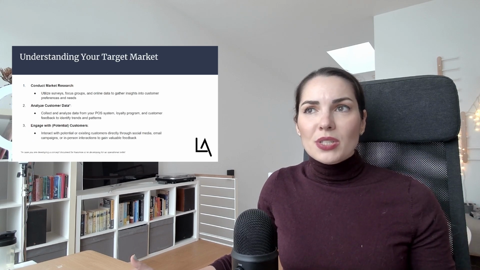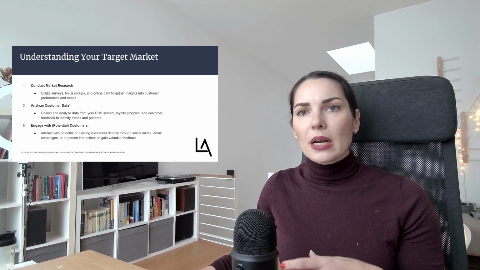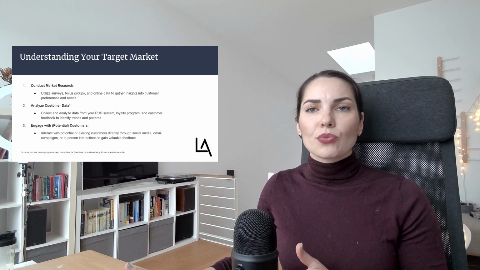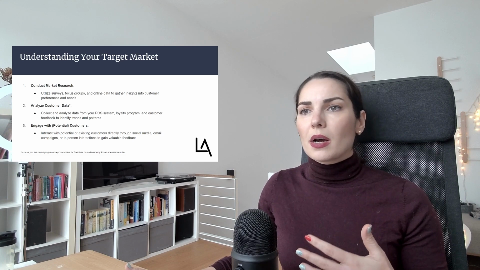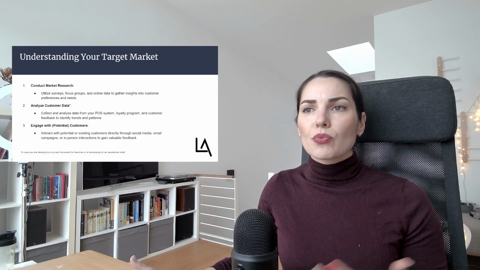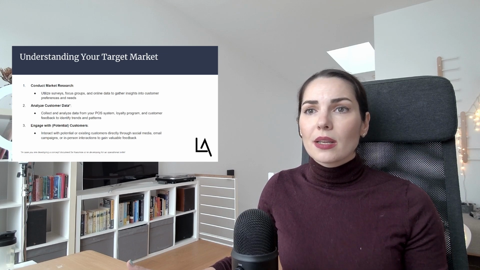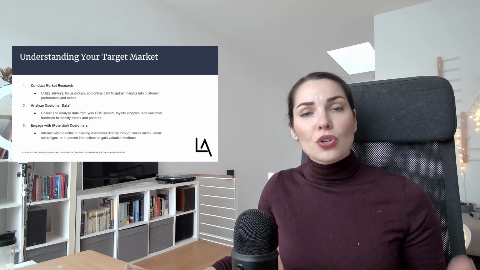How can you understand your target market? How can you get all this information? Of course, start by conducting market research. Utilize surveys, maybe focus groups, try to research online, gather some data, insights, perhaps even talk to future competition.